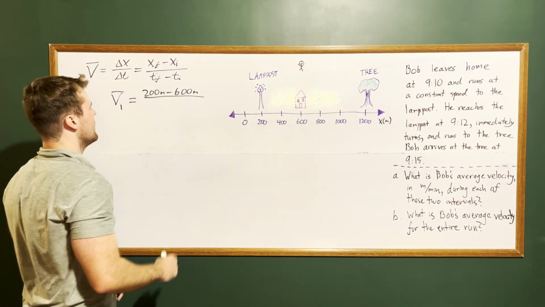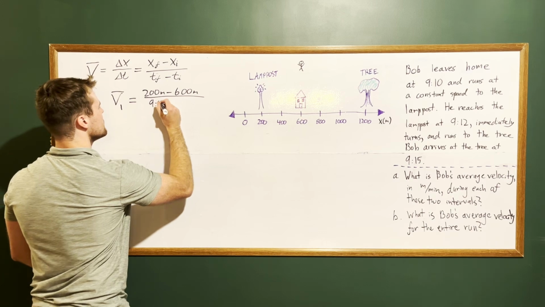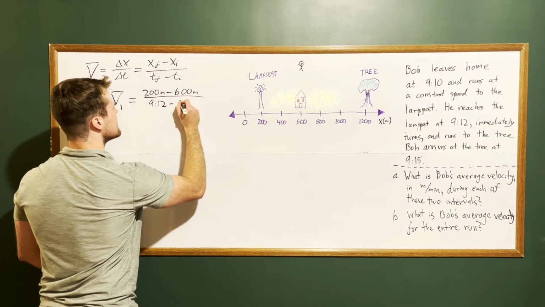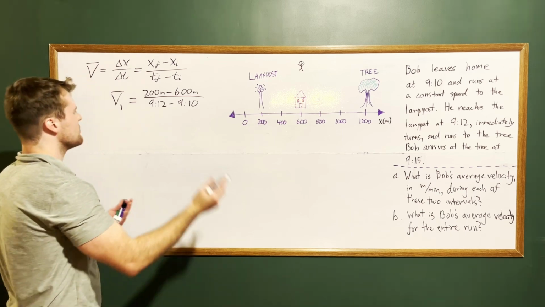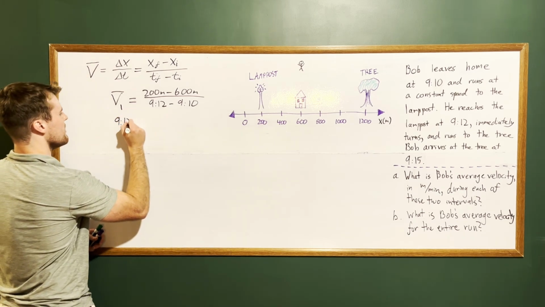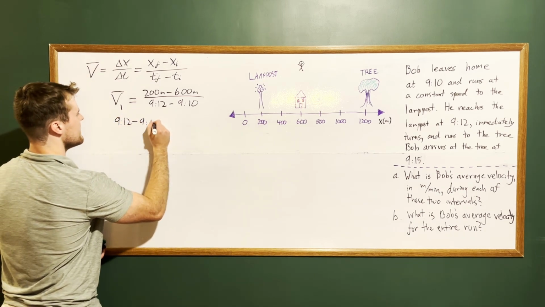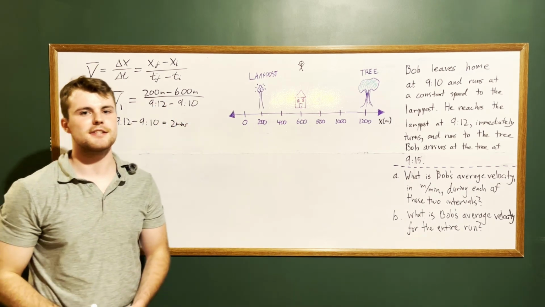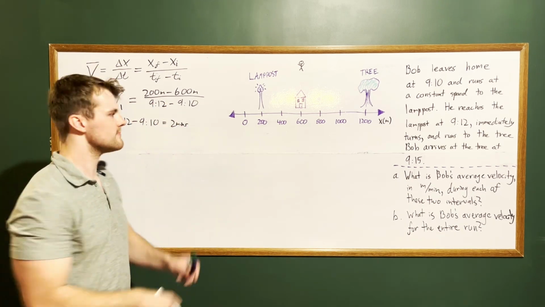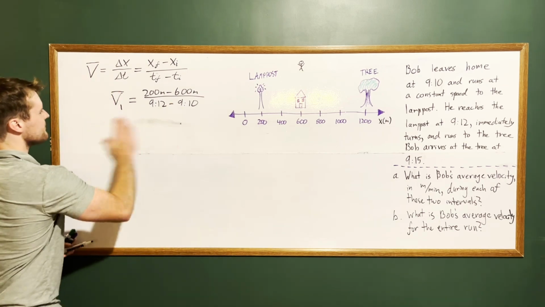t sub f, 9:12, minus 9:10. And of course, you could have just written 9:12 minus 9:10 equals 2 minutes, or you could have just looked at it for a second and said, that's 2 minutes, but I'm just writing it out this way.